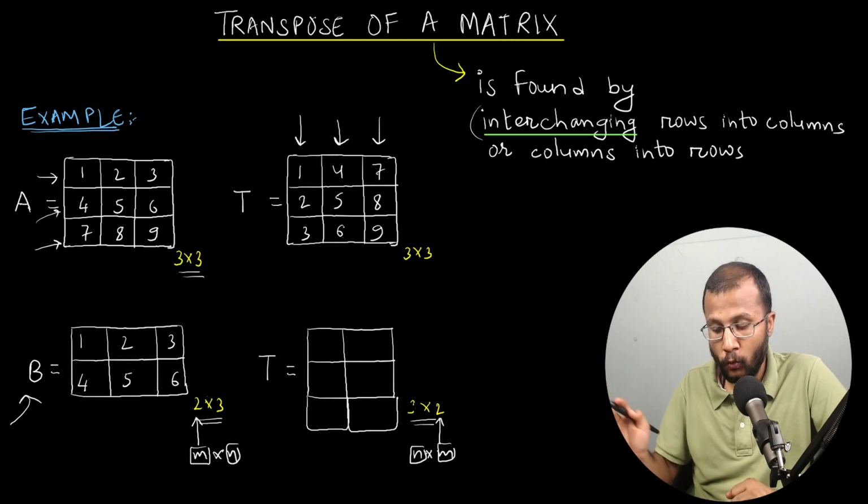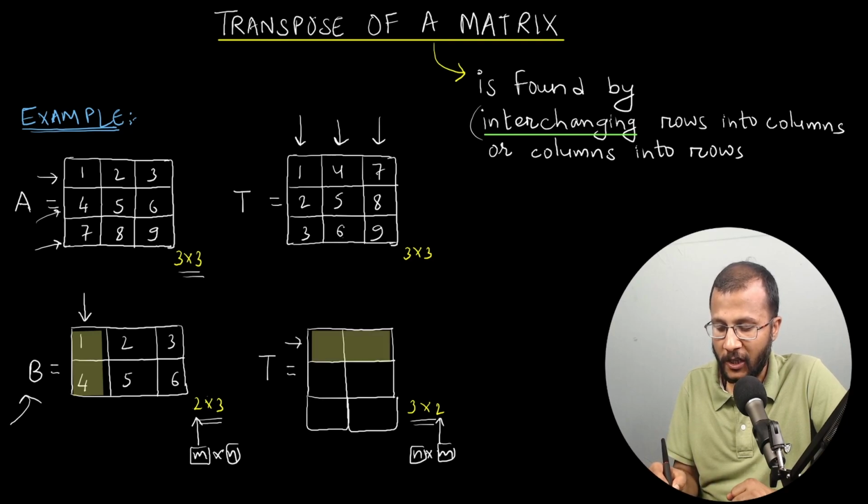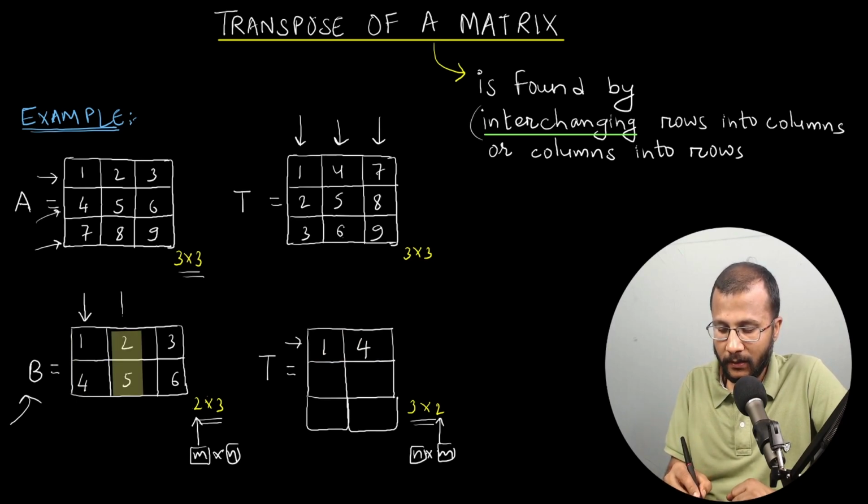So if it is of 2 cross 3 dimension, the transpose matrix would be of dimension 3 cross 2. Now what you do here is, first of all, let's catch hold of the first column and let's try to put that in the row in the transpose matrix. So I'll catch hold of the first column of the matrix, so I'll get the values 1, 4. So I'll have to place these first column values in the first row of the transpose matrix. So 1, 4 comes here like this. Okay, now you move to the second column of the original matrix B, then you will paste that in the second row of the transpose matrix.